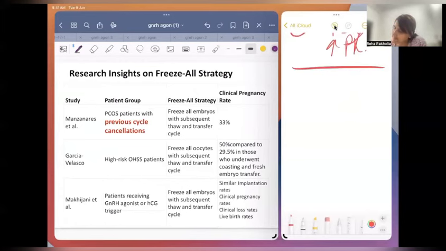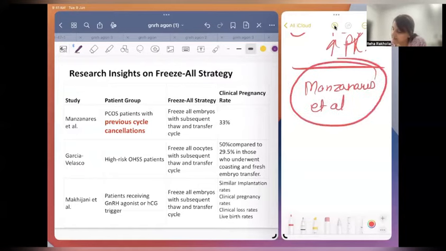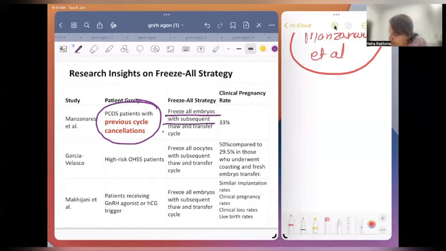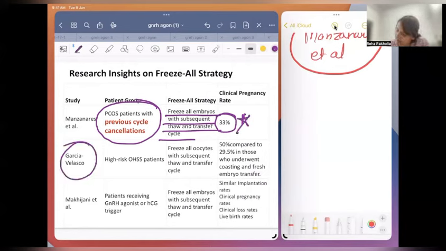Now there are studies. First is Manzanares et al. There were PCOS patients with previous cycle cancellation. They froze all the embryos with subsequent thaw and transfer cycle. Good pregnancy rates were there. Then Garcia-Velasco, high risk OHSS patients they took.